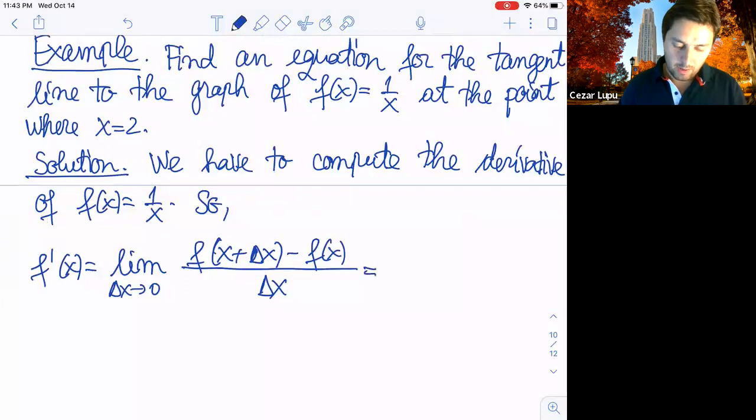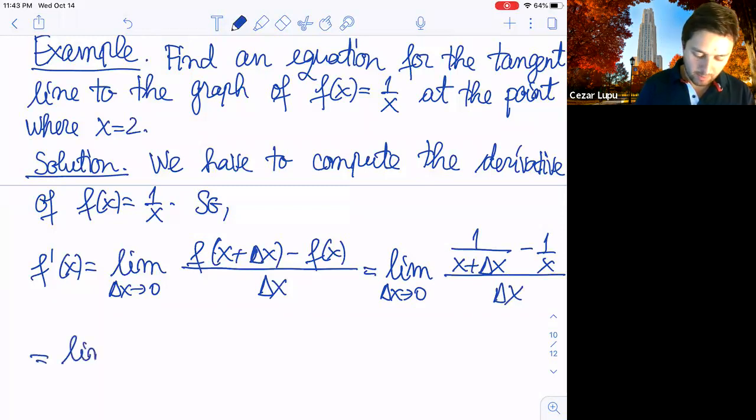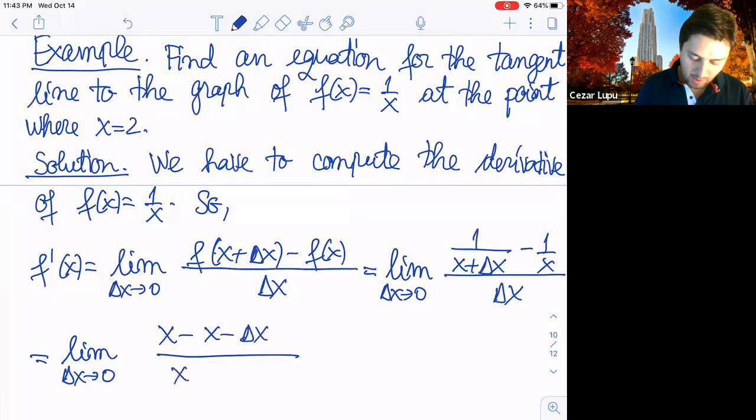And now this will be equal to the limit as delta x approaches 0 of 1 over x plus delta x minus 1 over x, over delta x. And now let's do the computations here. So this would be equal to the limit as delta x approaches 0 of x minus x plus delta x over x times x plus delta x, times delta x, right?